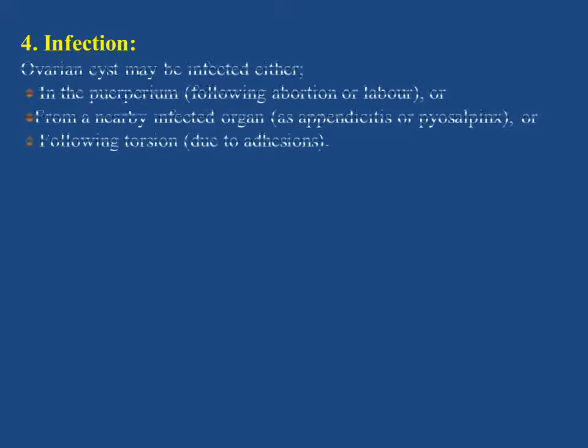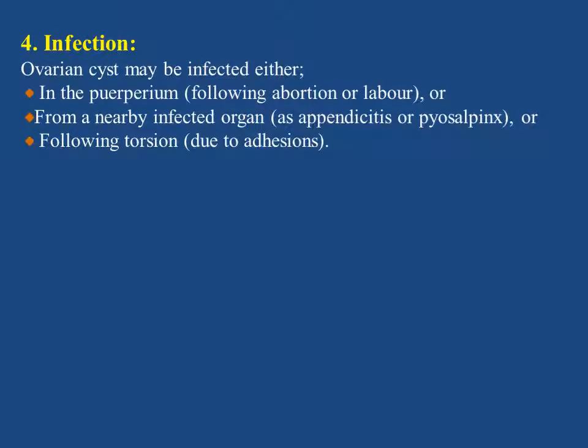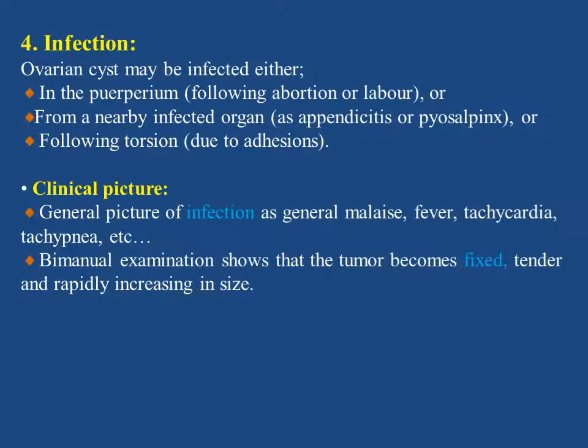Infection, this is the fourth complication. The cyst may be infected, for example following torsion due to adhesions, or in the puerperium following abortion or labor, or from a nearby infected organ like the appendix, appendicitis, or PID, pelvic inflammatory disease. Clinical picture: it will be the picture of infection, fever, headache, malaise, tachycardia, tachypnea.